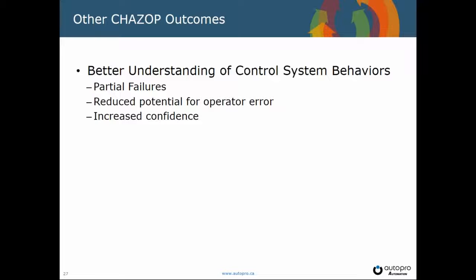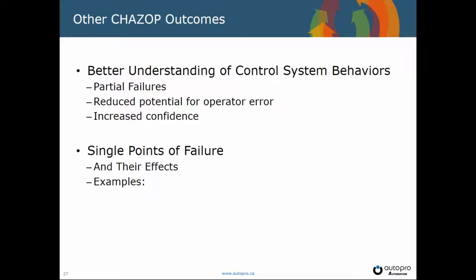And it's not that we have bad operators, just sometimes, typing in 700 instead of 7,000 is an easy mistake to make, especially in high stress situations. If we understand our control system better and what to do if it fails, it also helps to increase the confidence in our systems.